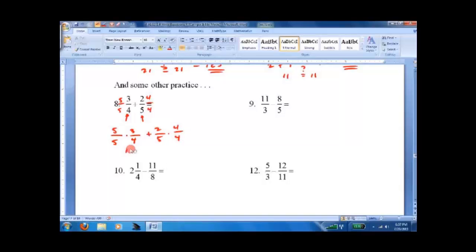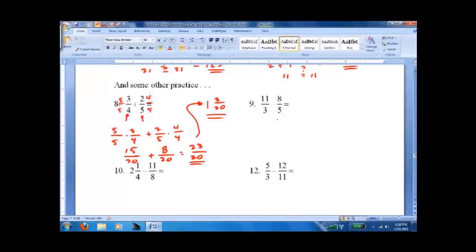So we get 15 over 20 plus 8 over 20 equals 23 over 20. And that's done. And if you are one of those people who are taught that you absolutely must put it in a mixed number, then you can keep going and write it as 1 and 3/20, but either way we will accept it once we get to high school.